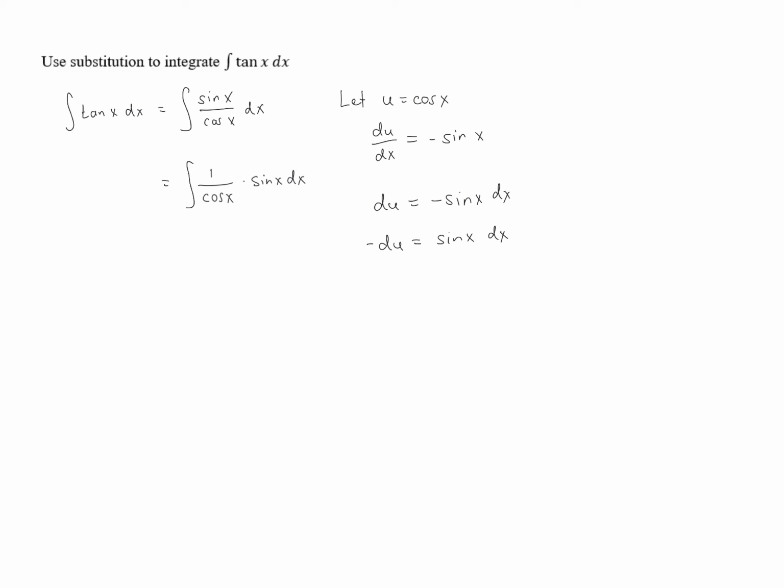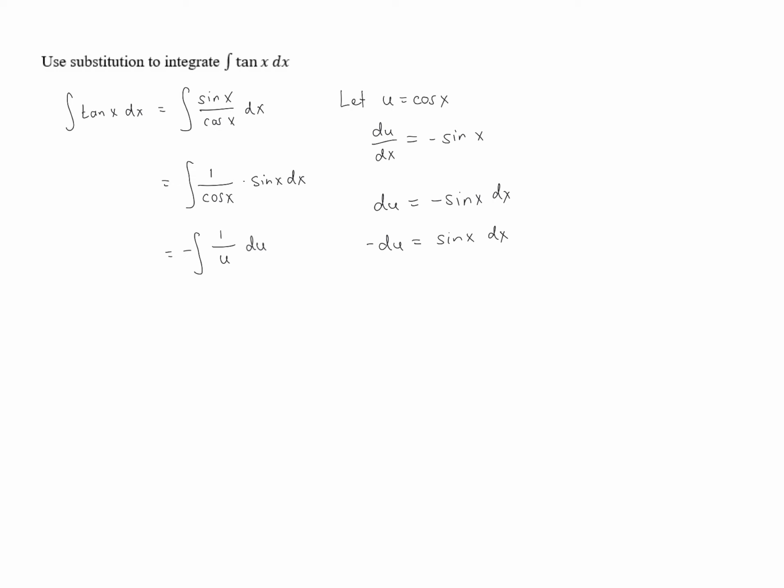Doing that makes it a little easier for some students to follow along, because once we make our substitution, 1 over cosine of x is going to become 1 over u, because cosine of x was equal to u. And then sine x dx is going to be negative du. I'm going to put the negative out front. You can think of that as the same as negative 1 du. So we're pulling that negative 1 out front.